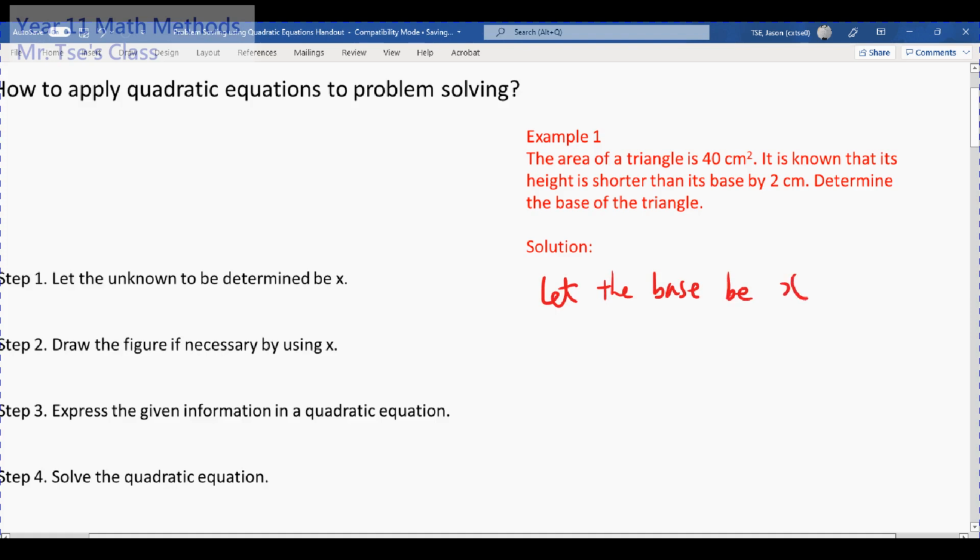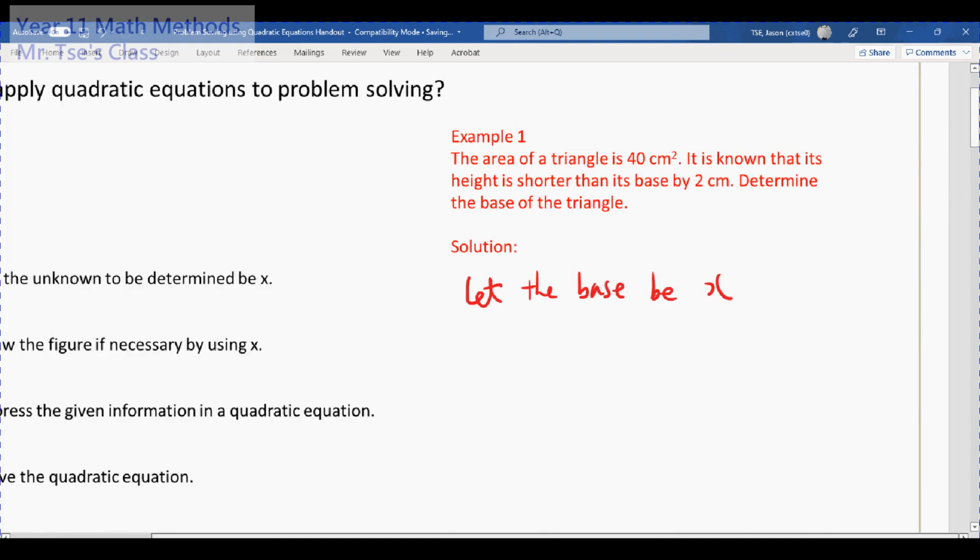Okay, then draw a figure if necessary by using x. Remember now your base is x, and that's a triangle, so you just draw a triangle. So this is the triangle, and the base is x.